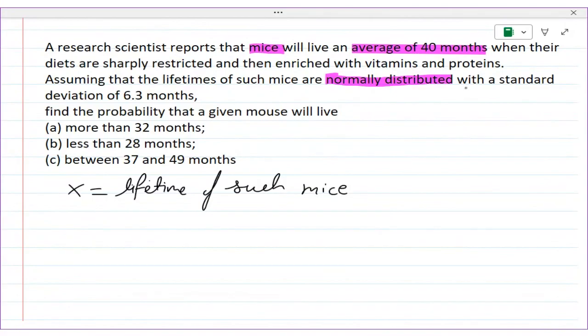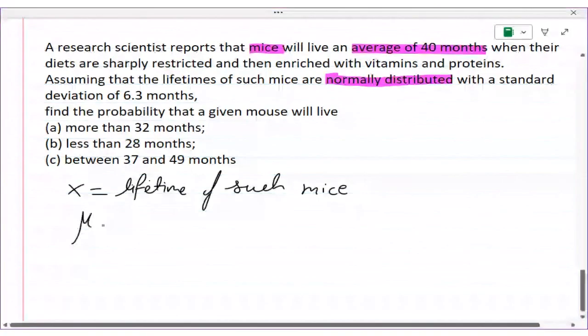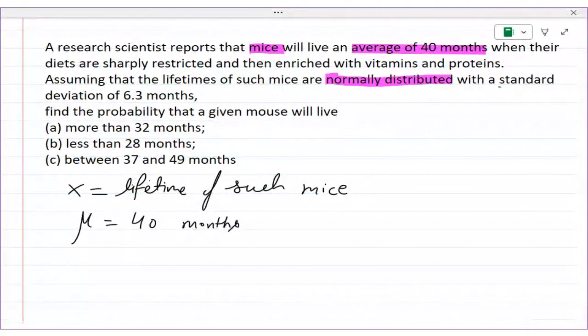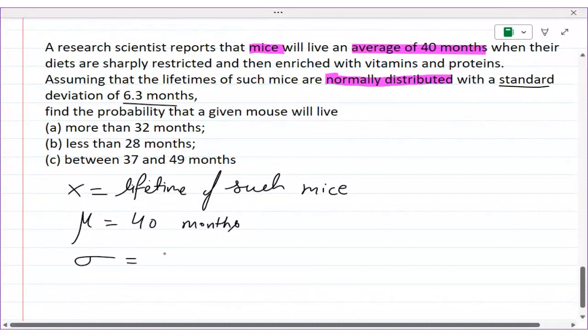Their average life is given as 40 months, so mean mu is equal to 40 months. And in the last line, the standard deviation is 6.3 months, so sigma is equal to 6.3 months.